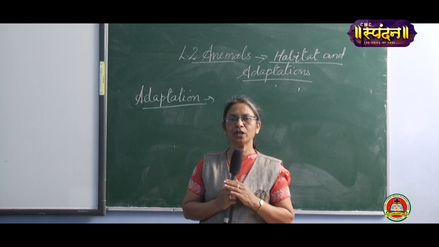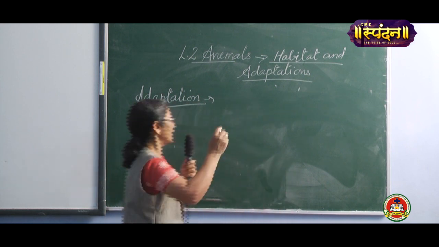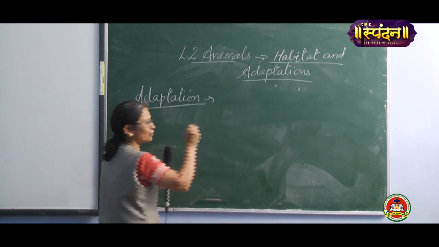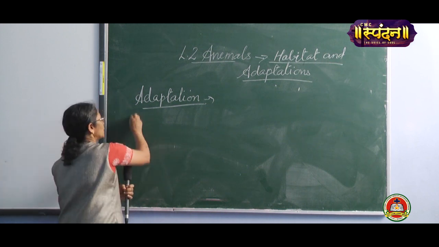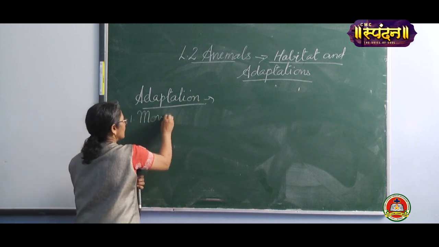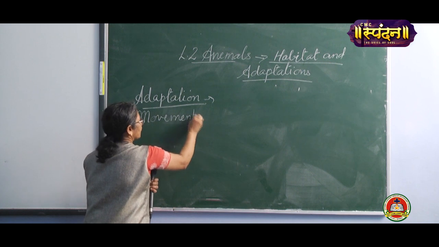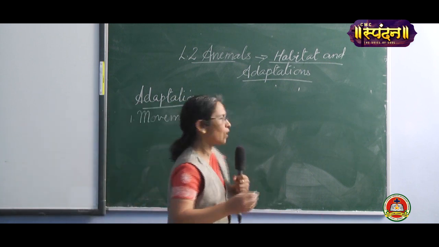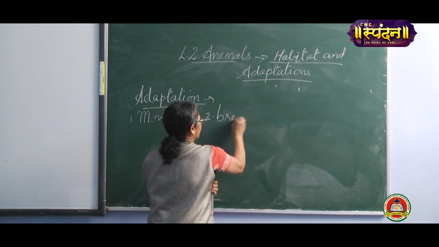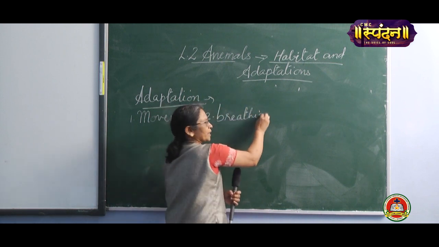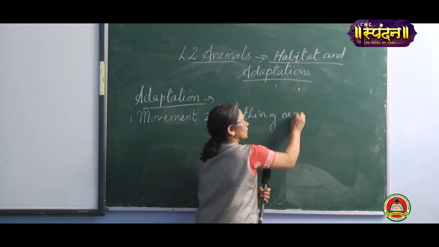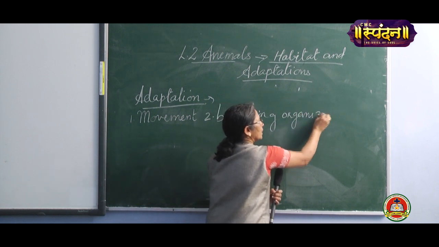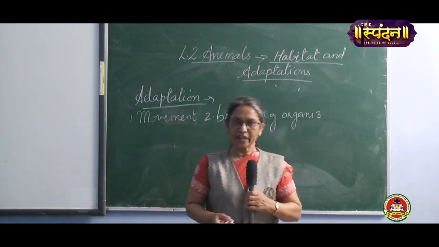Now, these adaptations can be in their movement. They are divided into few areas, children. So the first one is movement. Second one is breathing organs. Then third one, they have body coverings.